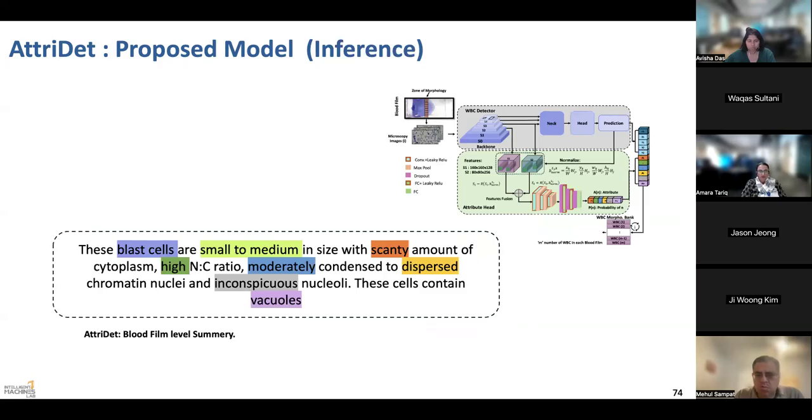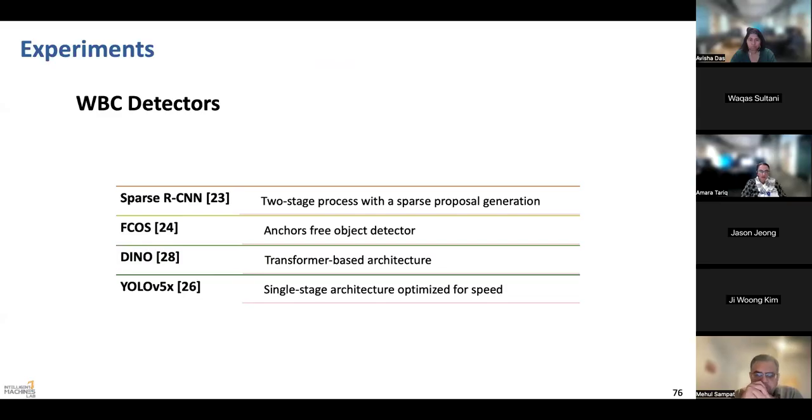So since we have attributes and the class, we thought we could generate the text. It's not text generation in the true sense, just keyword generation, and all of the rest of the text remains constant. These colored words are the predicted words, and in addition to the visual images, we also produce this kind of text for the doctors.